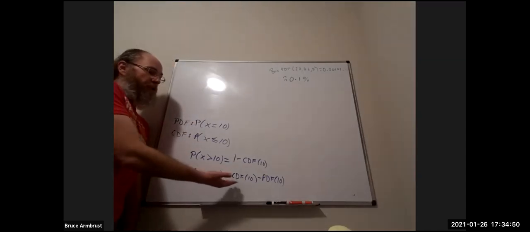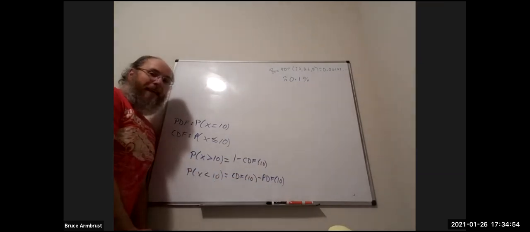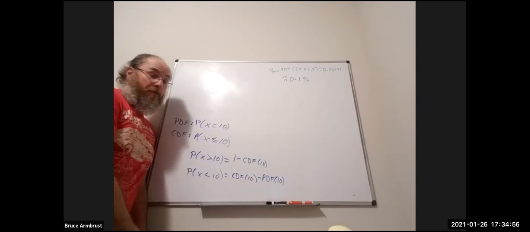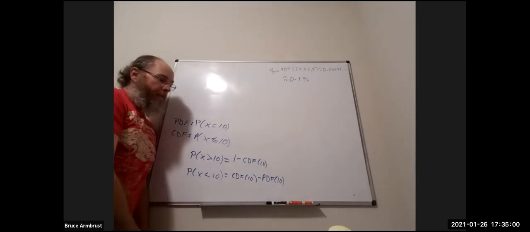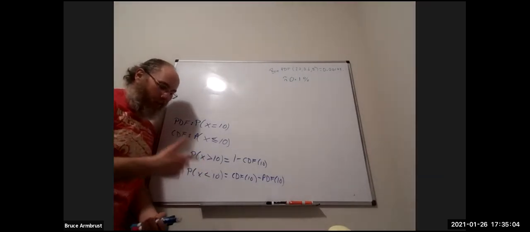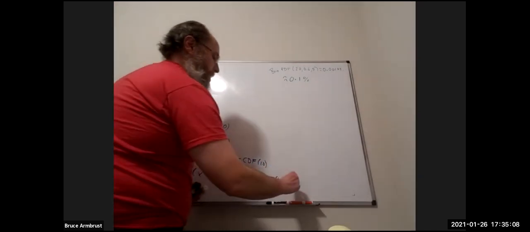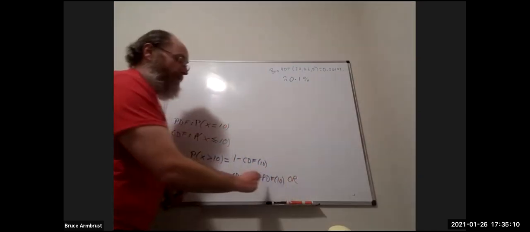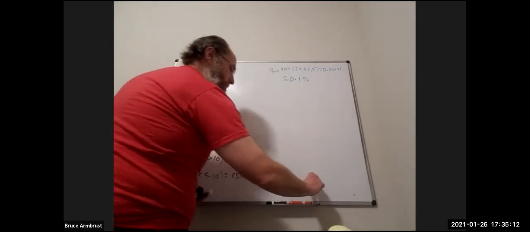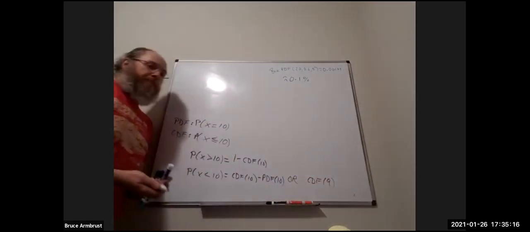I like to show you this one because this is how we're going to do it when it's a continuous probability density function. Because this is discrete, we do have an alternative way. I am going to put this as an or, but this is only because it's discrete. We could do CDF of 9.